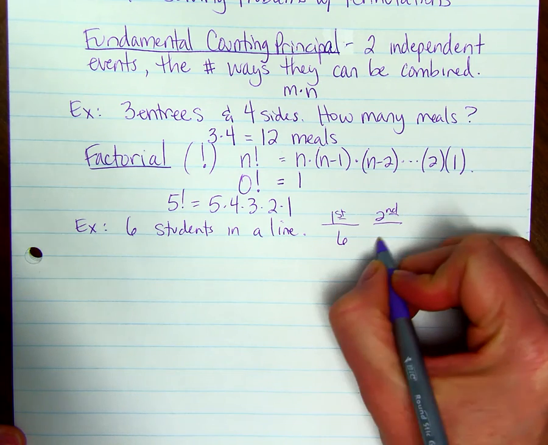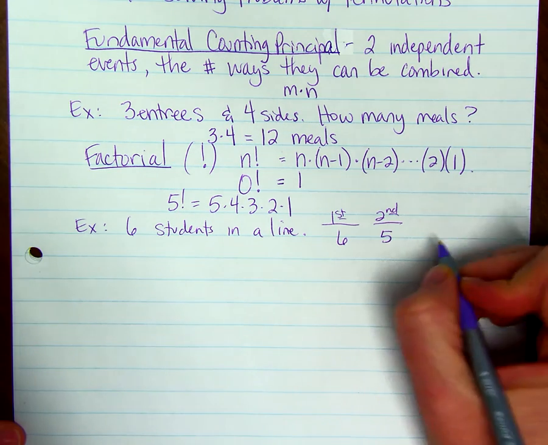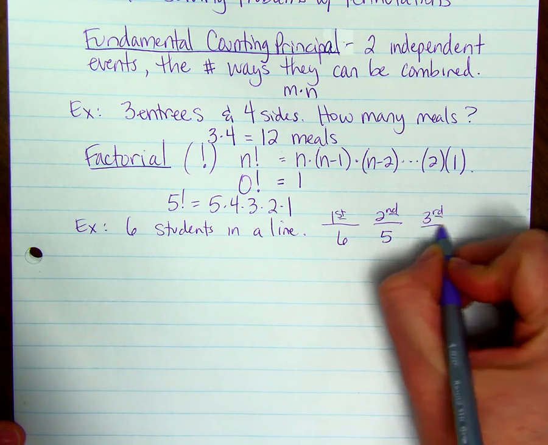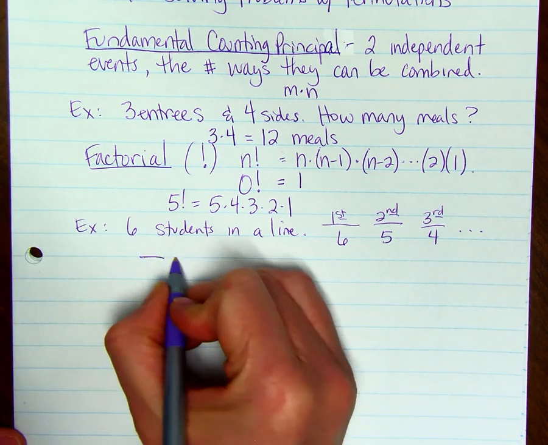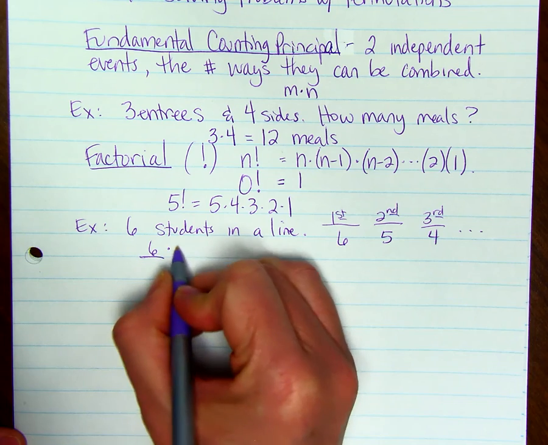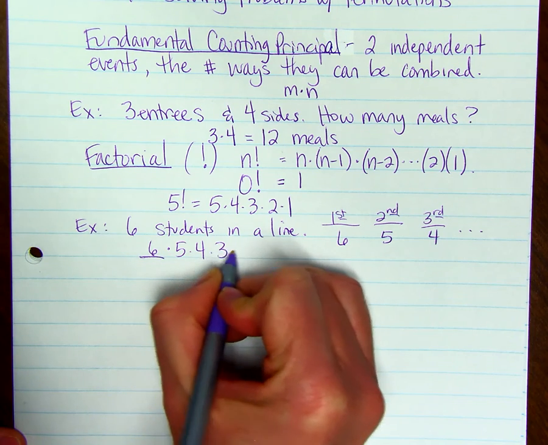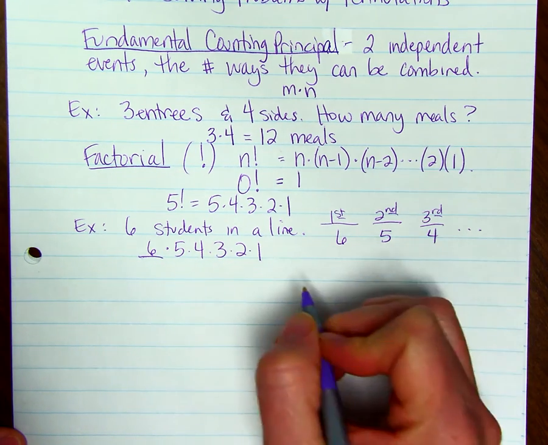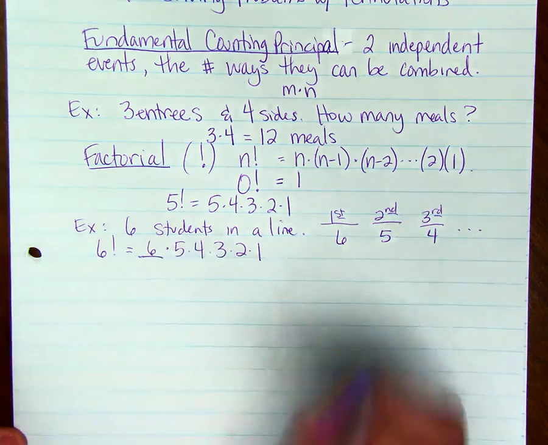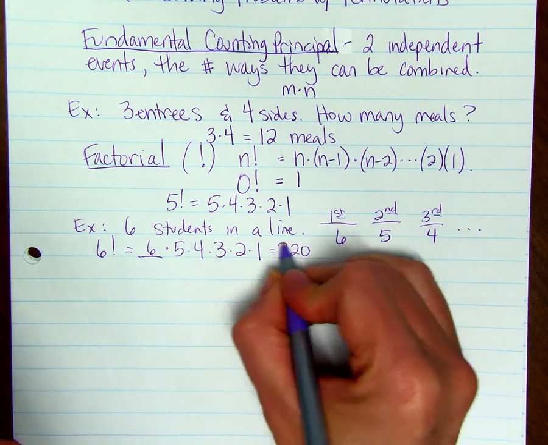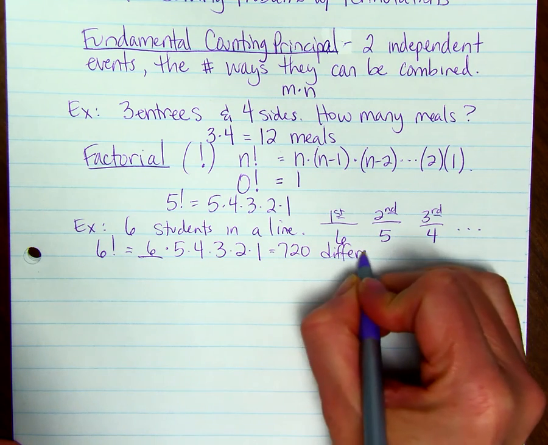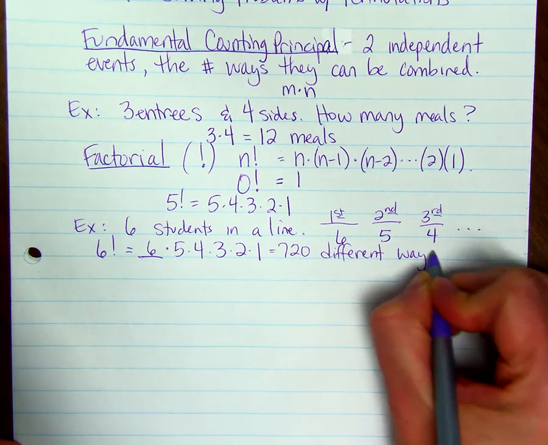For the second spot, we have 5 different students we could choose from. For the third spot, we have 4, and so on. So we would do 6 times 5 times 4 times 3 times 2 times 1, which is 6 factorial. And that equals 720 different ways that we could line up 6 students.